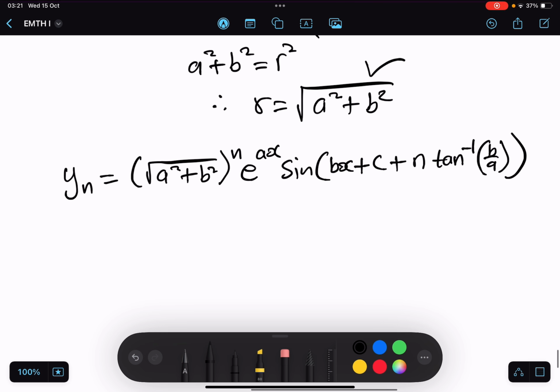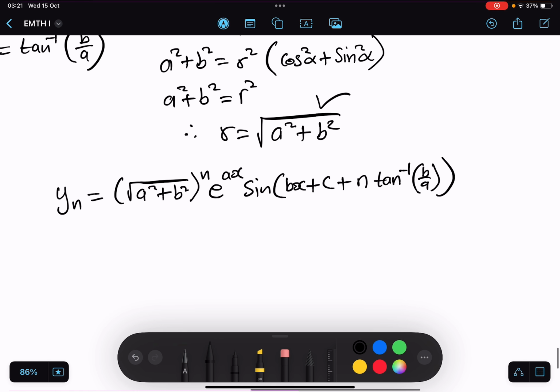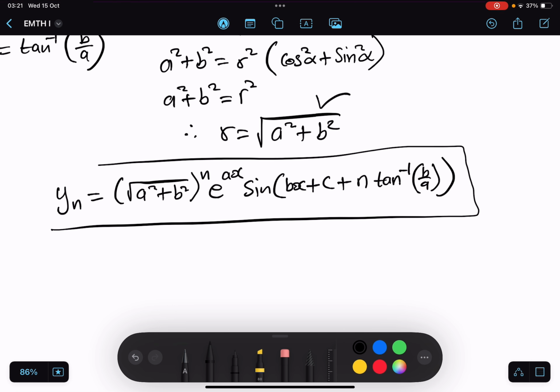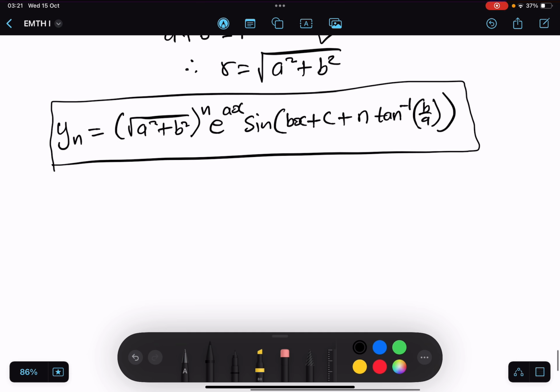So now this is the general formula. This is the general formula of finding the nth derivative of y is equal to e^(ax) sine (bx plus c).